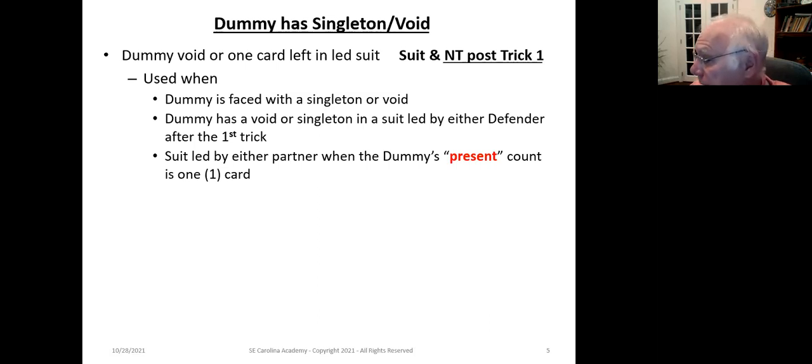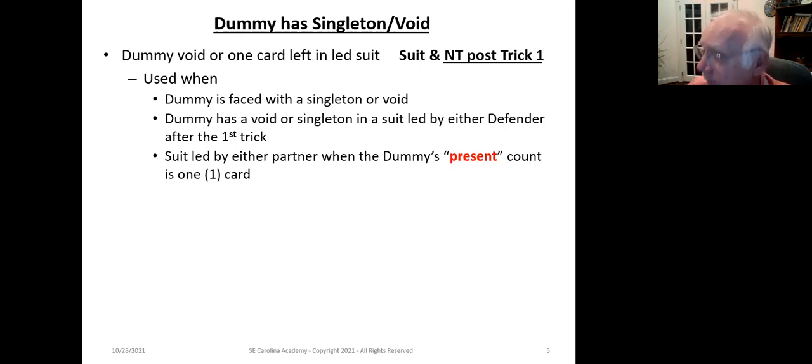You've already given your partner information on the first trick in respect to the quality of the suit and whether you want to have that suit continued or not. On the second trick, because there's only 1 card left in the dummy, you're going to give a suit preference signal.